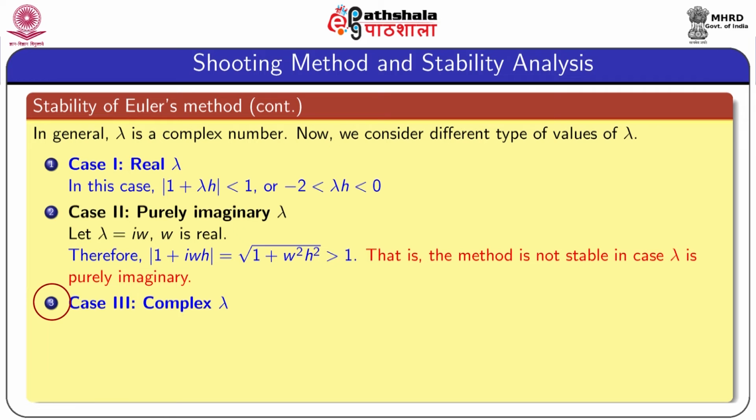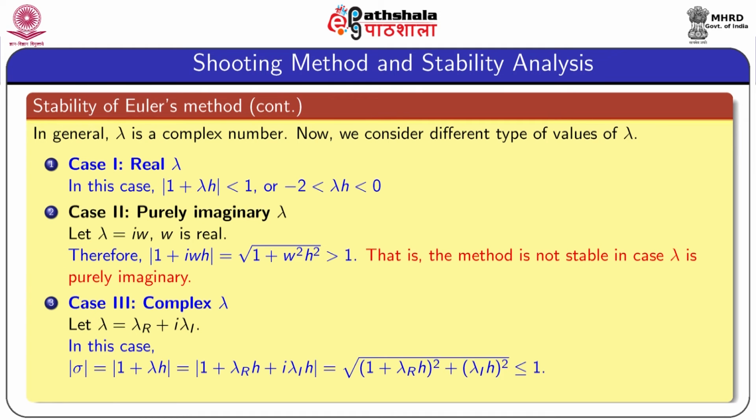In case 3, we assume that lambda is a complex number, that means it has a real part as well as an imaginary part. So we assume that lambda equals lambda_r plus i lambda_i. In this case, the absolute value of sigma equals the absolute value of 1 plus lambda h, equal to square root of (1 plus lambda_r h) whole squared plus (lambda_i h) whole squared.